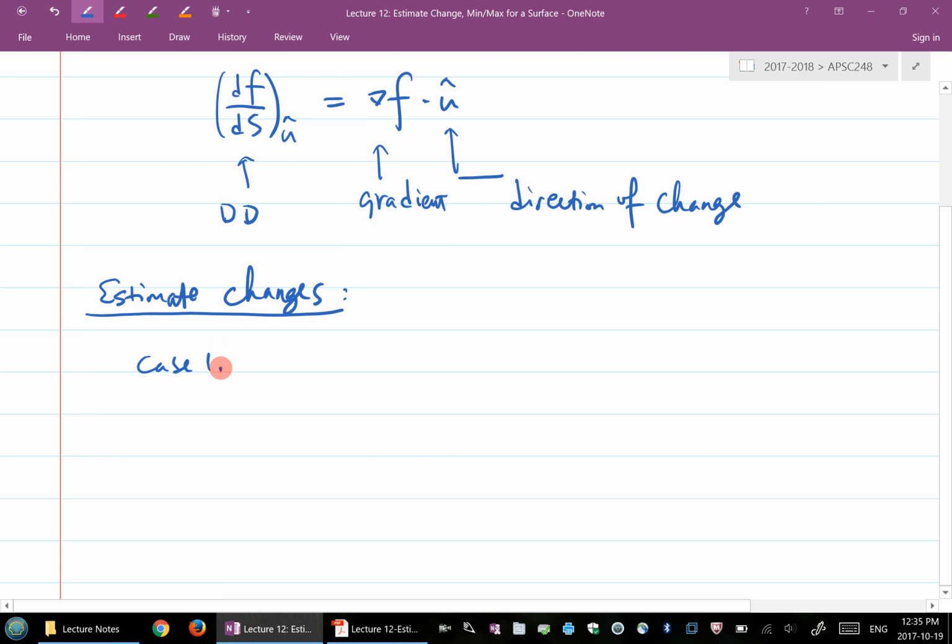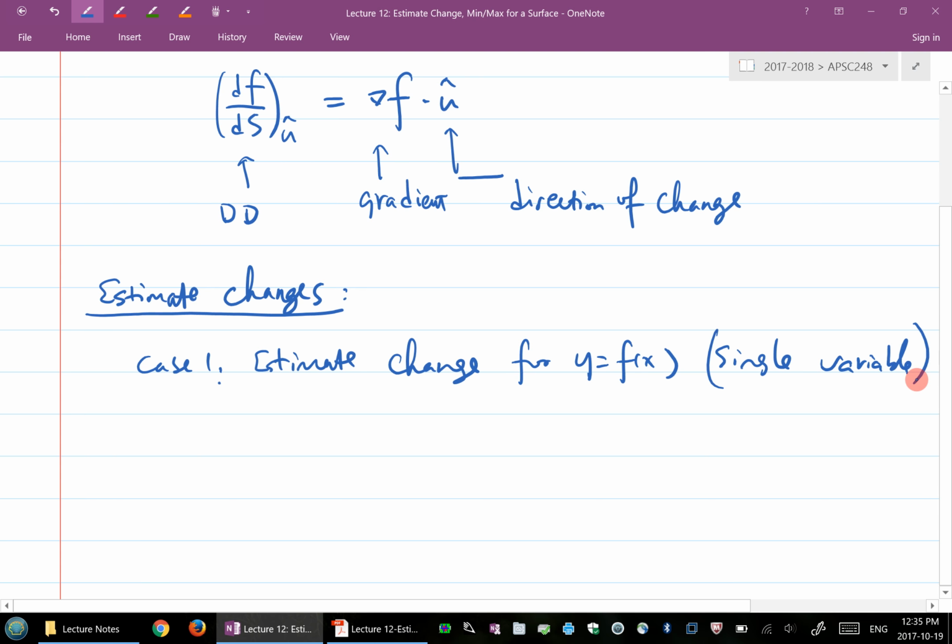Before we summarize that, let's do a quick review of a simple case. If you wanted to estimate a change for a function of a single variable, you take the derivative, you have df over dx.